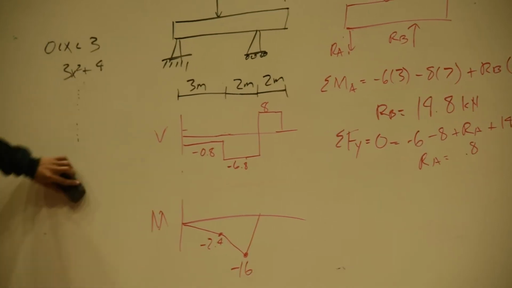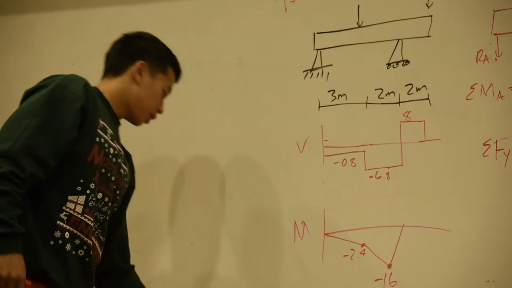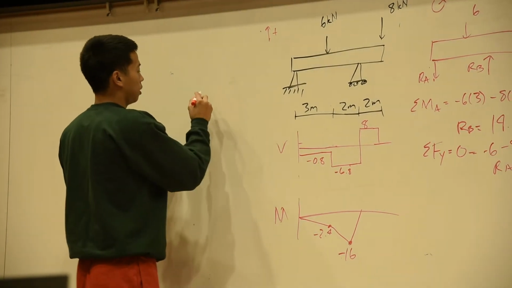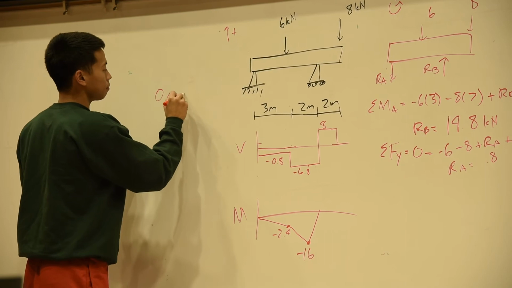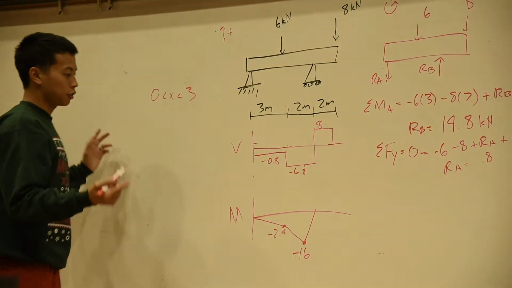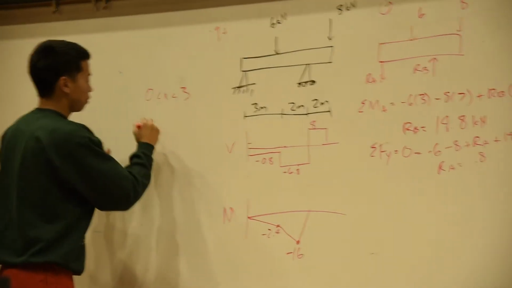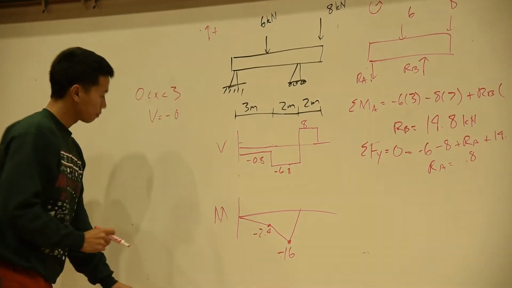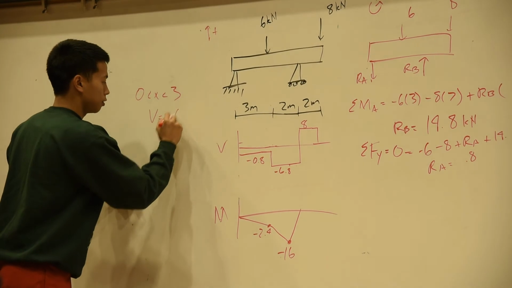All right. Let's write these equations. From 0 to 3, the shears are pretty easy. There's this value, 0.8.